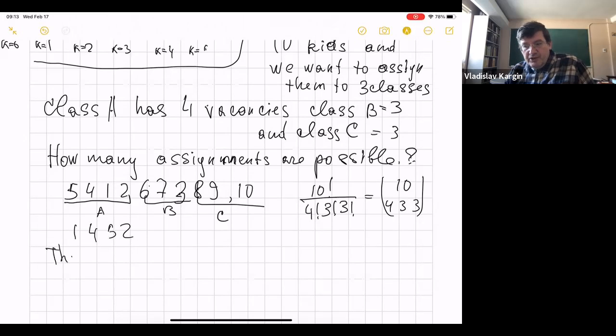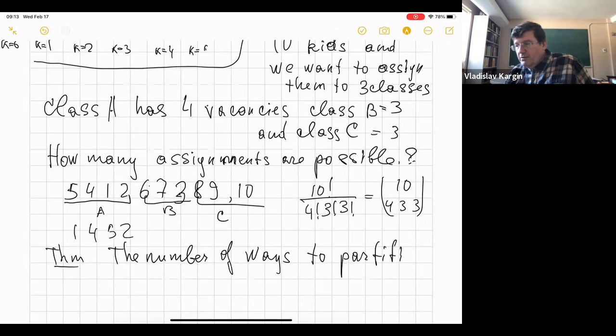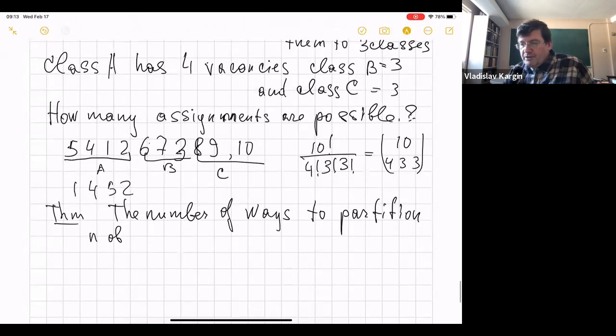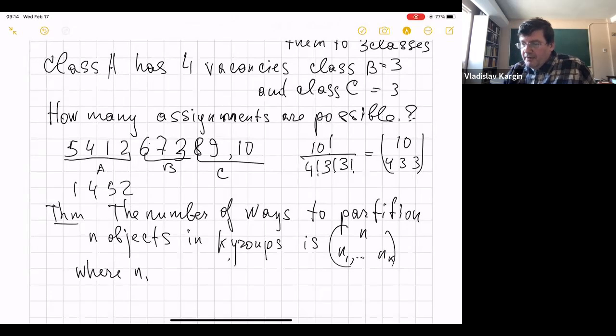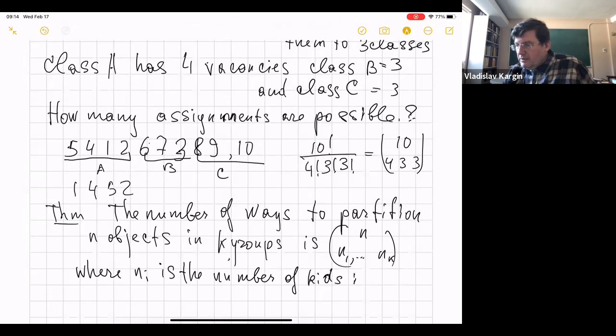So the theorem in general says that the number of ways to partition n objects in k groups is this multinomial coefficient n over n1 through nk, where ni is the number of kids in group i.